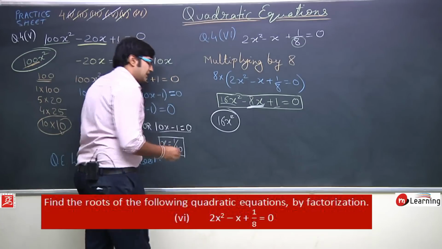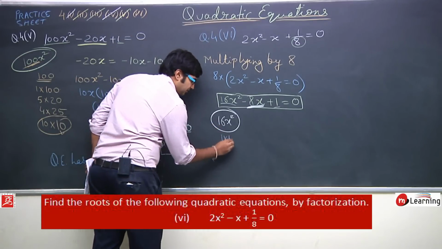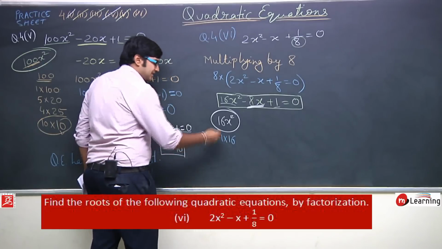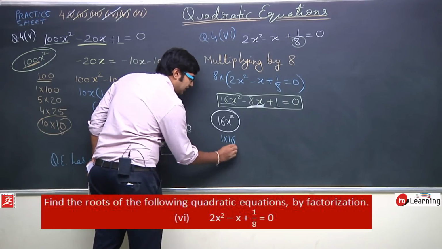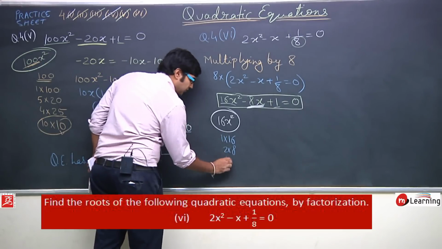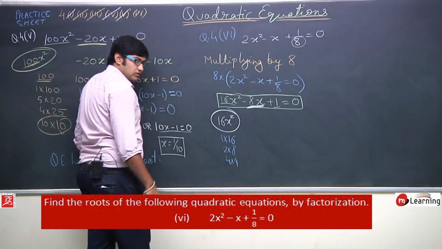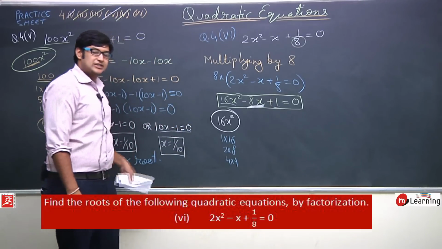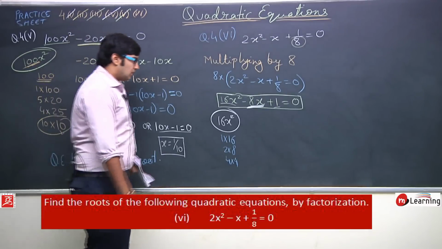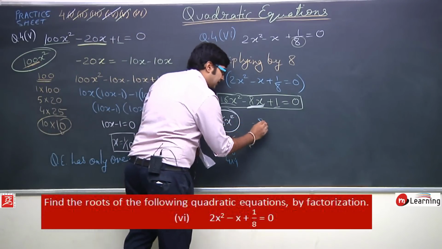16 को factorize करेंगे, so 16 can be written as 1 into 16, 16 can be written as 2 into 8, 16 can be written as 4 into 4. Okay, these are the three methods जैसे हम 16 लिख सकते हैं. और minus 8x.